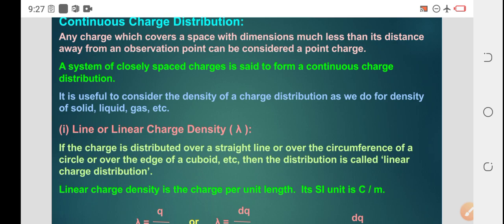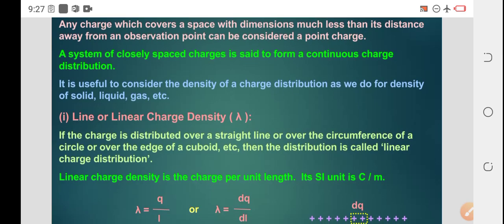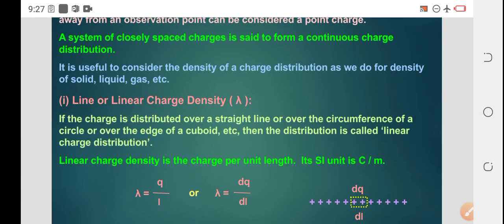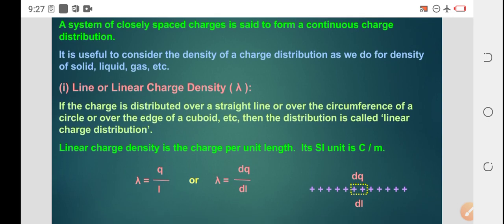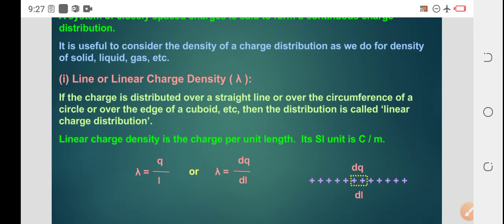A system of closely spaced charges is said to form a continuous charge distribution. It is useful to consider the density of a charge distribution as we do for the density of solid, liquid, gas.